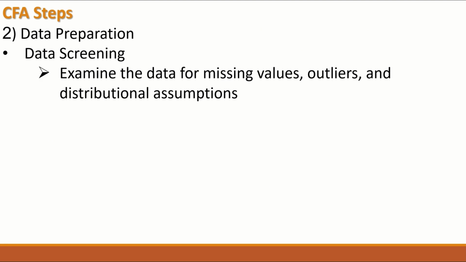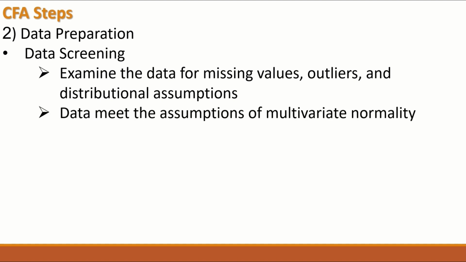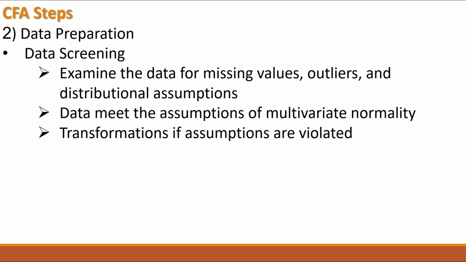You need to screen the data and examine it for missing values, outliers, and distributional assumptions. Data should meet the assumption of multivariate normality, and transformation is done if assumptions are violated. So if the data does not follow a normal distribution, that's a violation of the assumption.